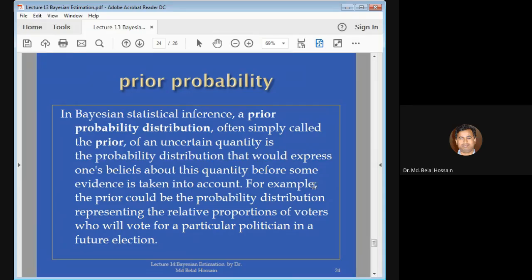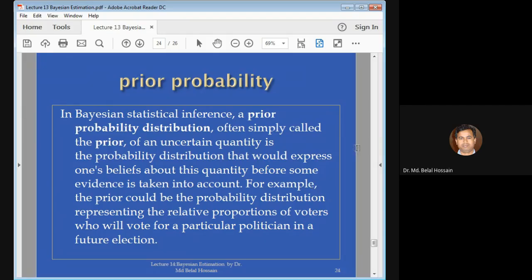For example, the prior could be the probability distribution representing the relative proportions of voters who will vote for a particular politician in a future election.